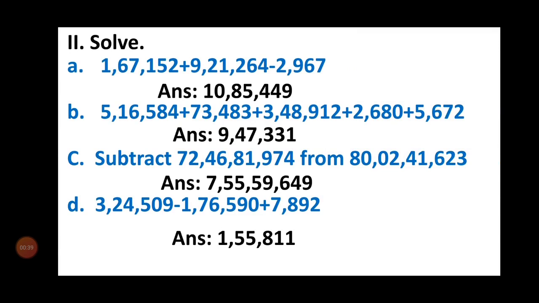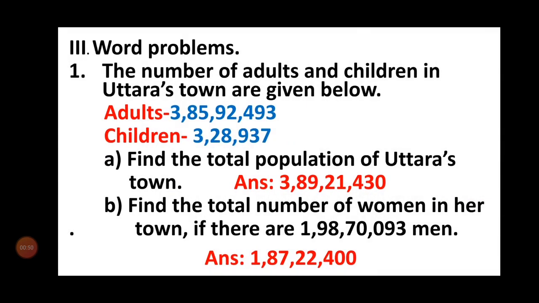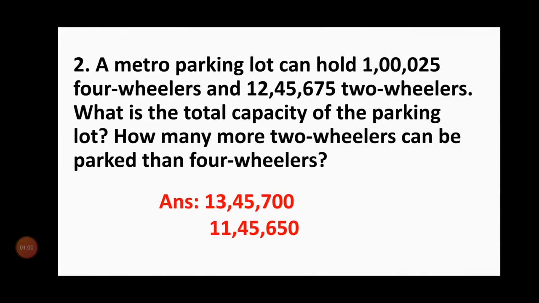Take a snap and just check your answer once again. If you have written wrongly, you have to change your answer. Row number 3, word problems. I gave 3 sums. First sum answer, then second sum answer.